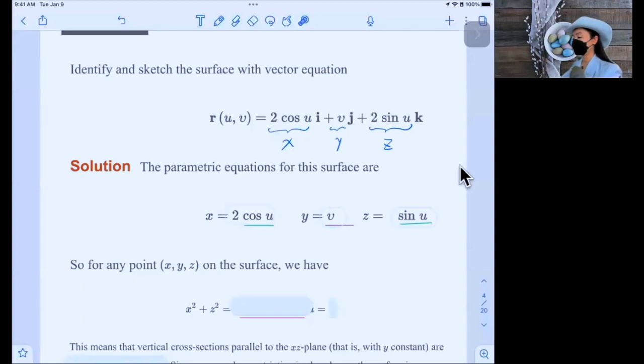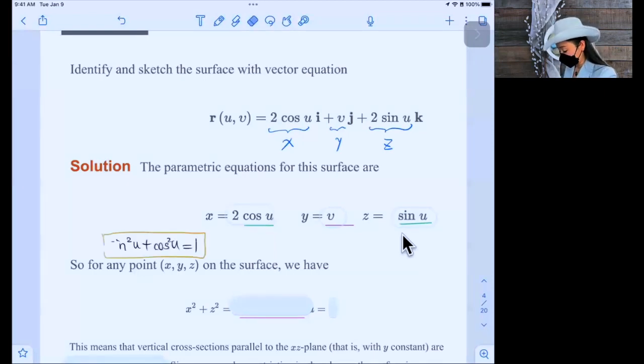So for any point on the surface, now take a look at these three parametric equations. You see sine and cosine here and here, right? So if you ever see sine and cosine appear in those parametric equations, you think about the identity. What's the identity you think about? Yes, sine squared plus cosine squared equal to 1, right?